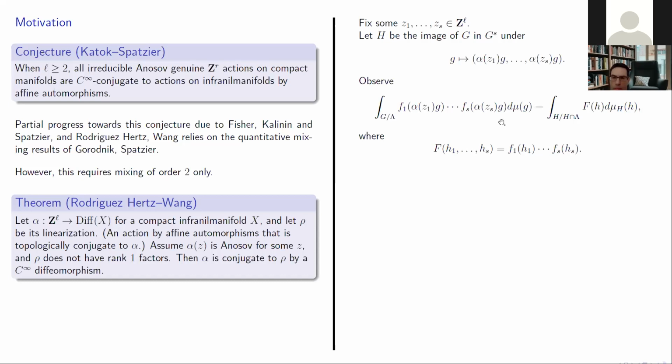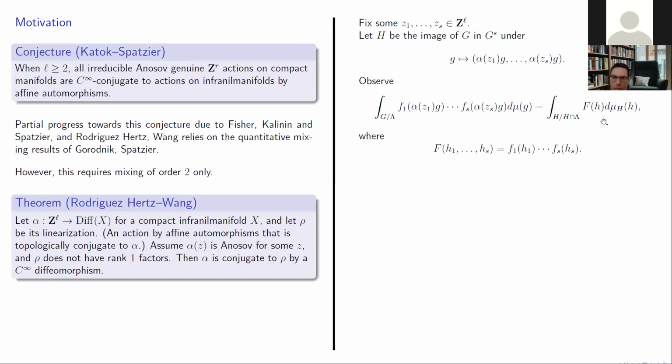And so you can observe that this is actually equal to an integral on GS of the function capital F, which is just the product of the test functions F1 up to Fs evaluated at the coordinates.